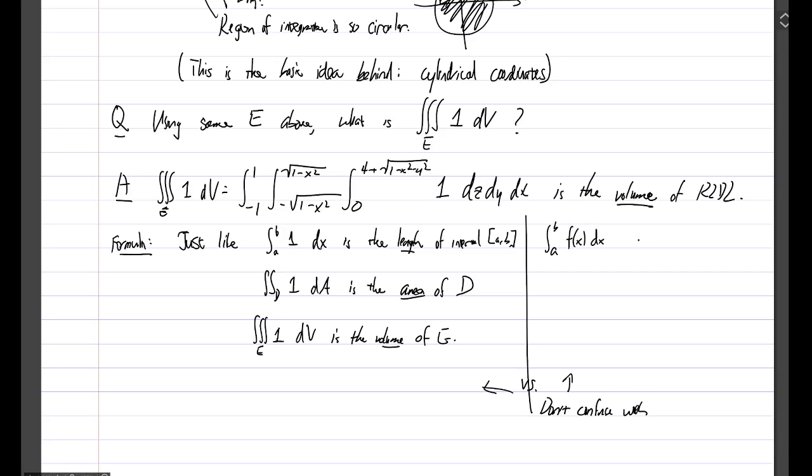Then this is the area under the curve y equals f of x, and the double integral over the region D of the function f of x comma y dA is the volume under the surface z equals f of x comma y, and then finally the triple integral over E of the function f of x comma y comma z dV.